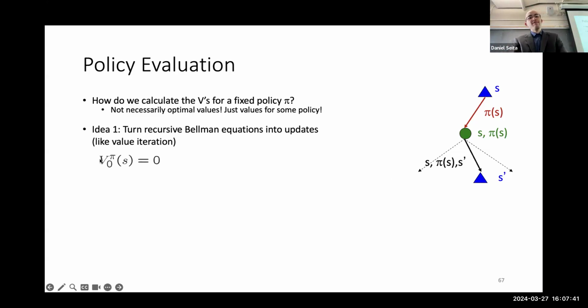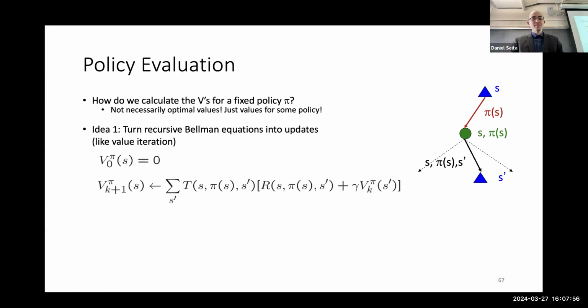If you remember from last time, V0 is the value that you get when there's no time steps left. When there's no time step left, you usually get 0 because there's nothing to do. But you can also do an iterative update, which is like value iteration.